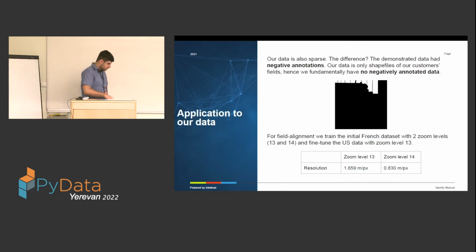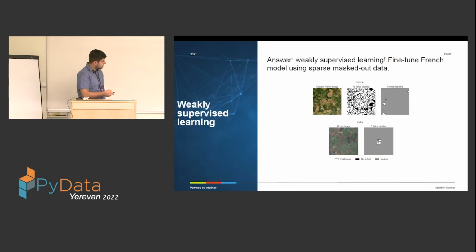So let's circle back to our data. Everything was just a citation. Now let's come to our data. Our data is also sparse, as I mentioned. So this weakly supervised approach seems to be suited specifically for us. But there's one very key difference. Here, as you can see, if you look closely, they have field interior, not in field, and masked out. So they have negatively annotated parts.